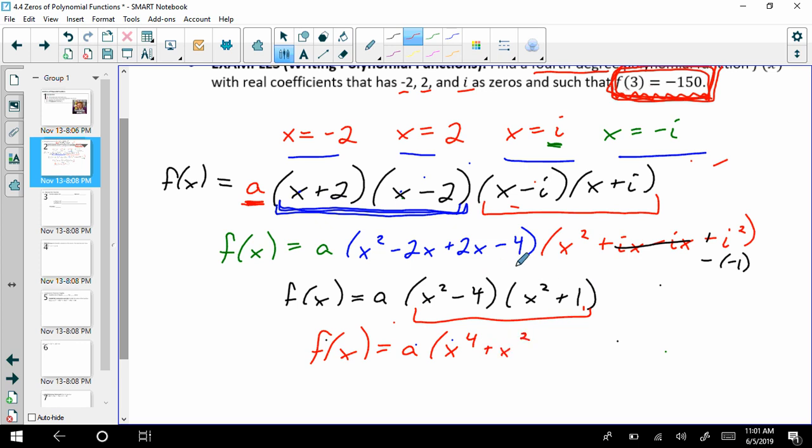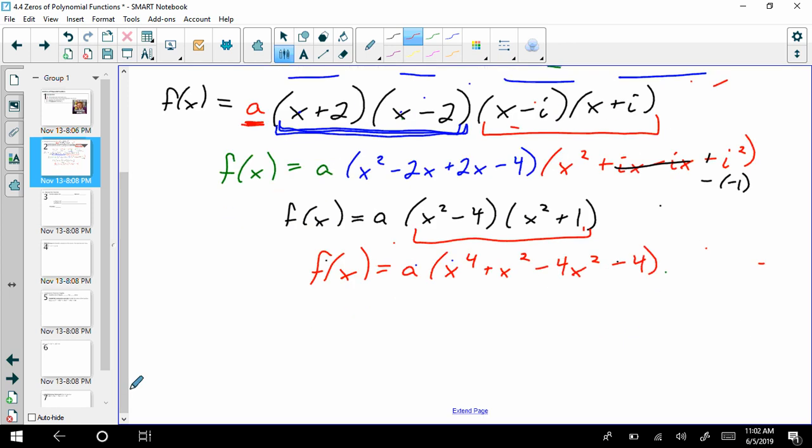Inner times inner, -4 times x squared, -4x squared. And last times last, -4 times 1, -4. Combine like terms. 1x squared minus 4x squared would be -3x squared.